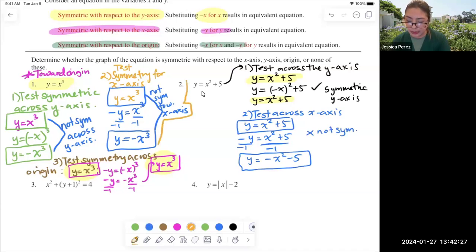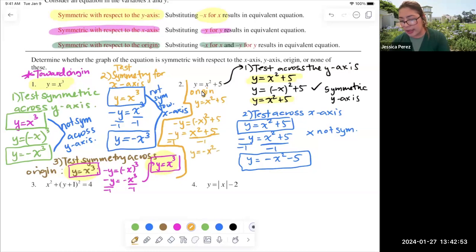And lastly, of course, we do the origin, but we already kind of know what's going to happen, because for the origin, I have y equal x squared plus 5. If I make both negative, negative y equal negative x squared plus 5, this is still negative y equal x squared plus 5. Divide both sides by -1. I get y equal negative x squared minus 5.